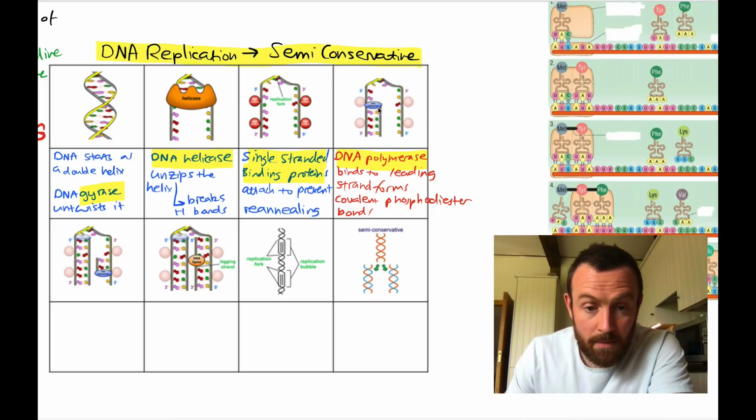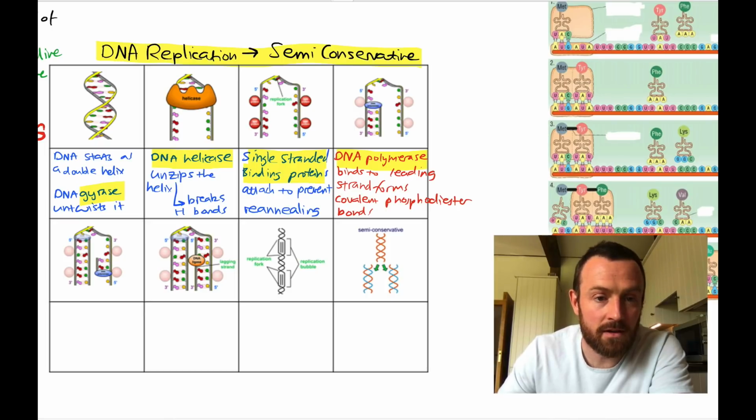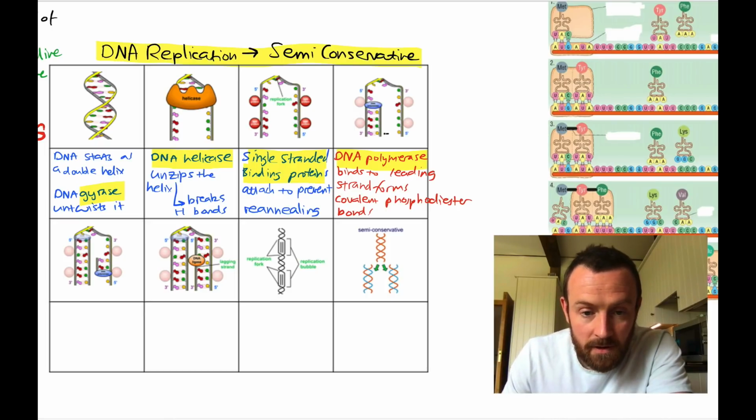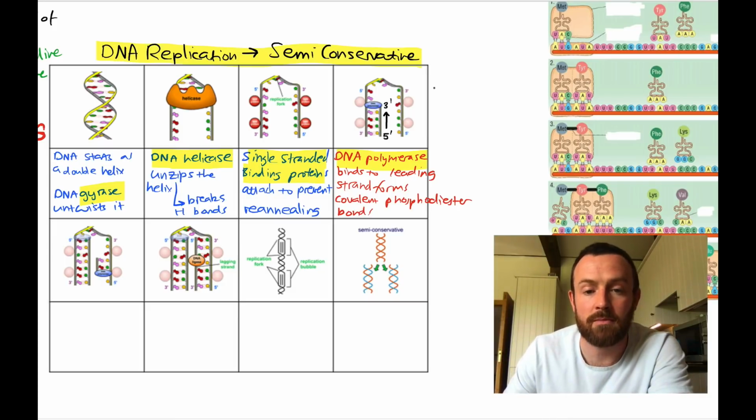This DNA polymerase enzyme is moving from 5 to 3 prime. So it's moving in this direction, 5 prime to 3 prime direction.